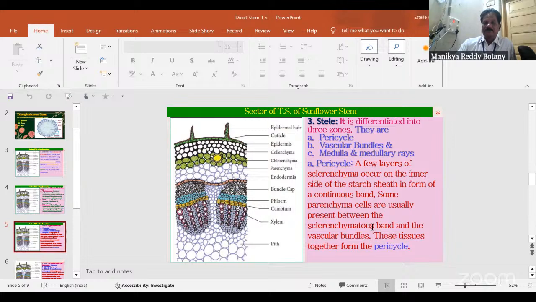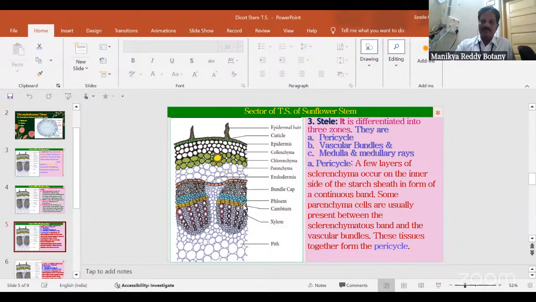It is made up of a few layered sclerenchymatous cells. Generally, it is like a cap over the vascular bundles.